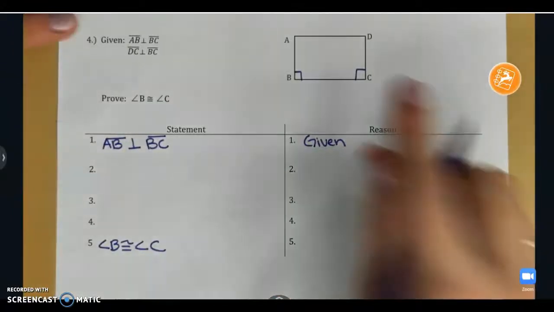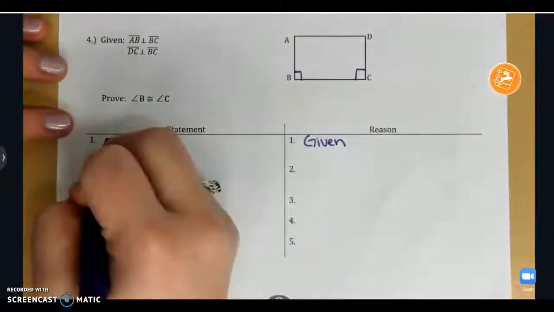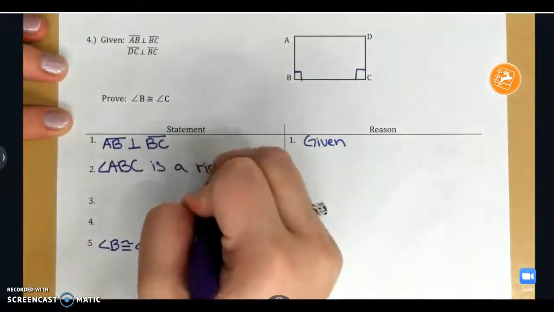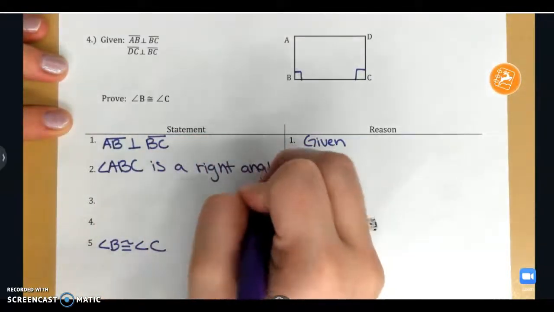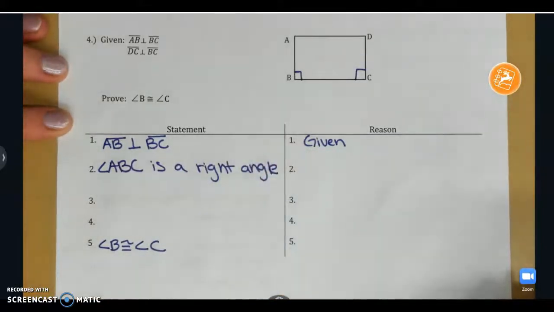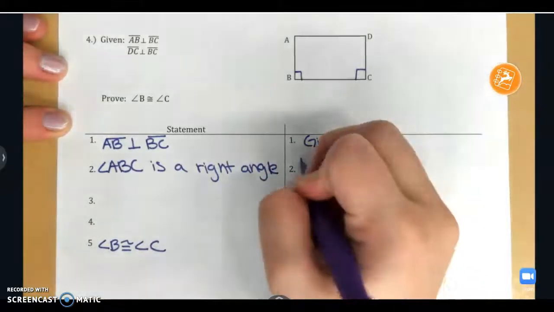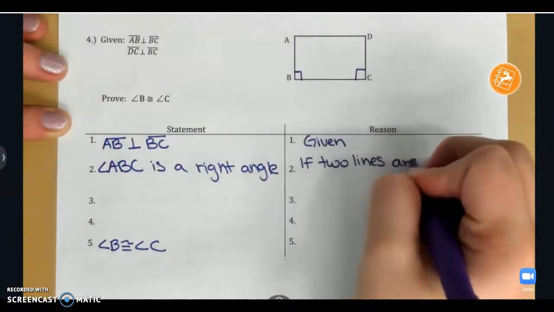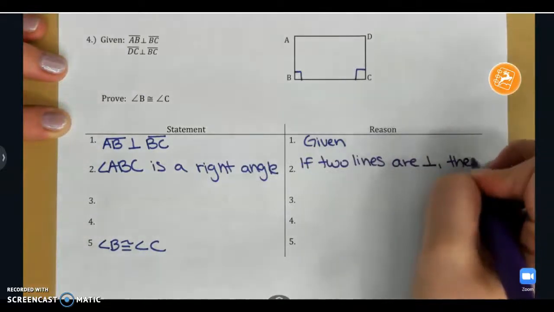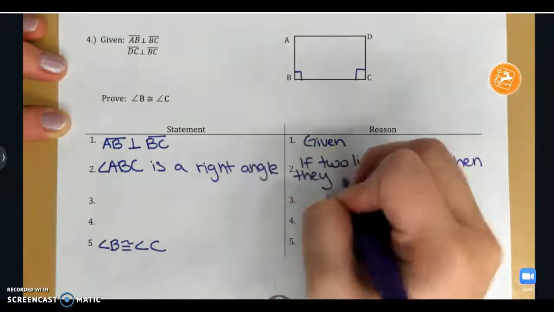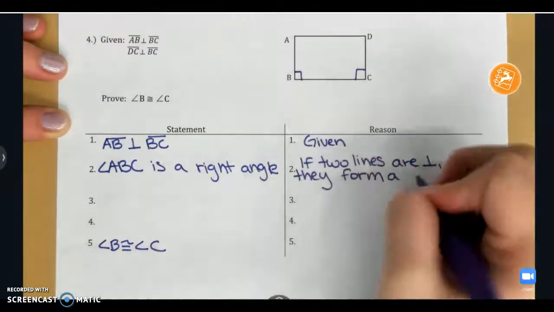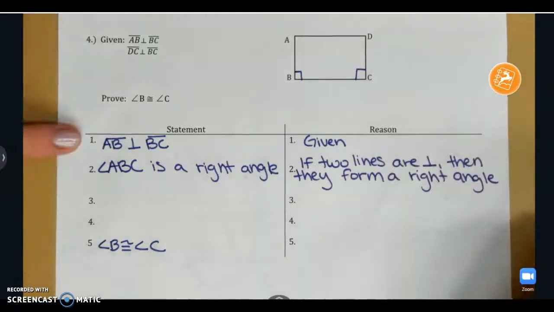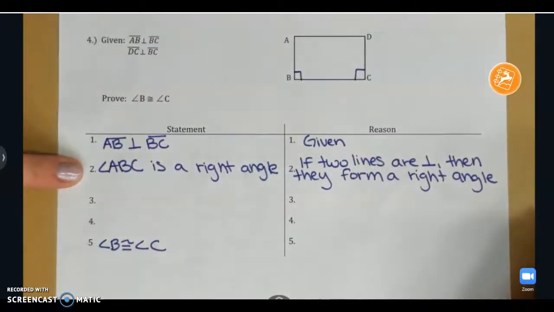So from that, I was able to say that angle ABC is a right angle because if two lines are perpendicular, then they form a right angle. Okay. So I was given this information, and this was a conclusion I could draw from that given.